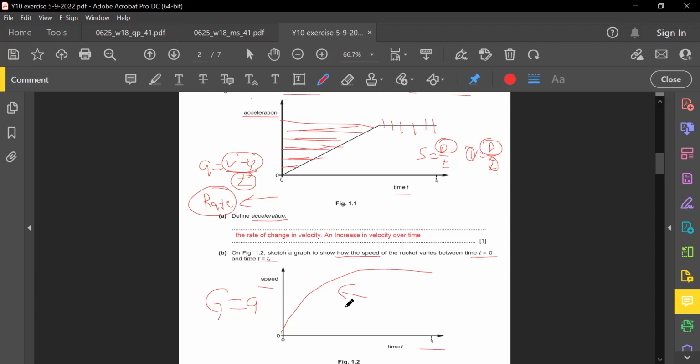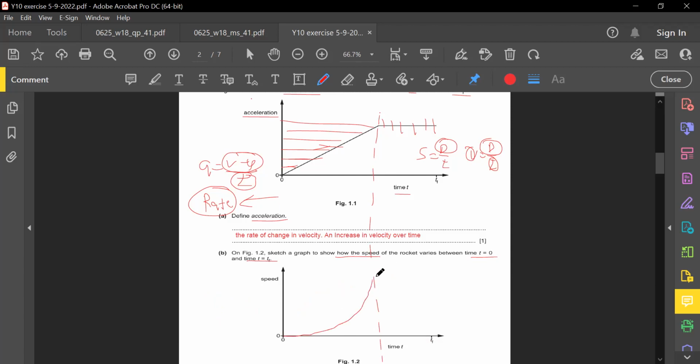And this graph here is a decreasing gradient, isn't it? Yes, it should be curving upwards instead, meaning the graph should look something like this, all the way until here. Then after that, let's assume that this is the line. I mean, if you use a ruler, it will be much better.